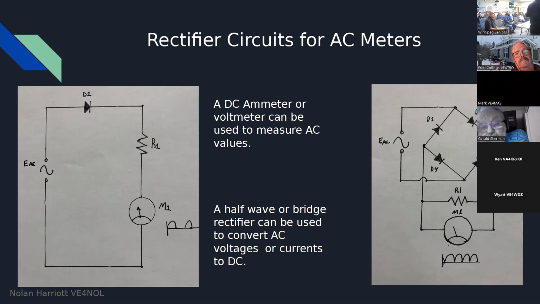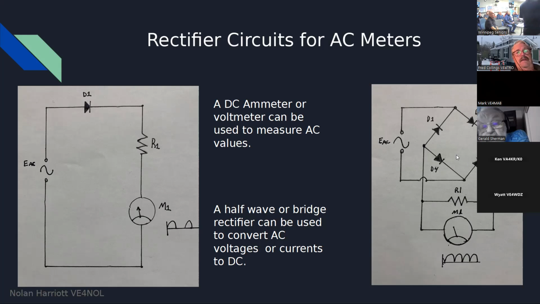So, obviously, half-wave rectifier is going to give us, what is that, 0.47, I think, of your total peak voltage. Whereas a bridge rectifier is going to give you basically the RMS of your peak voltage. So most meters you're going to see are going to have a full bridge rectifier in them.